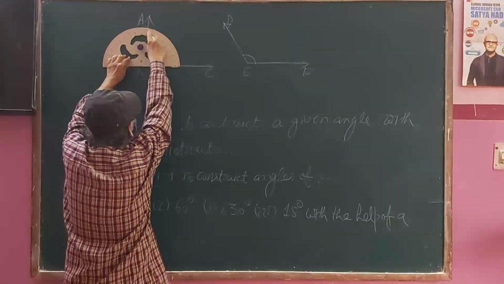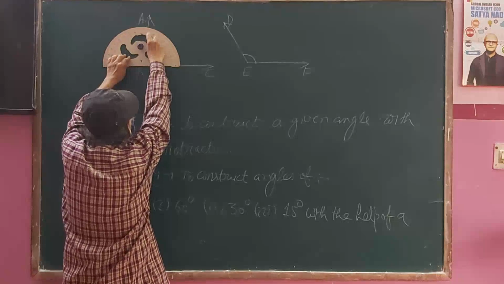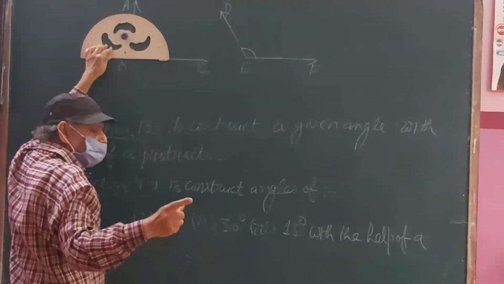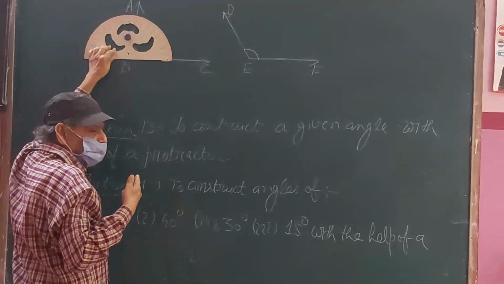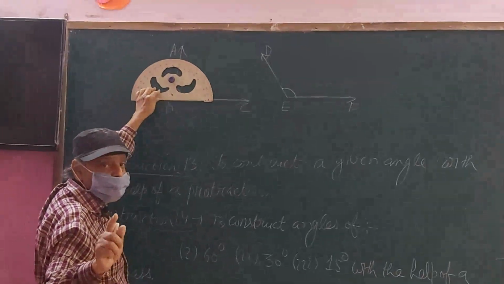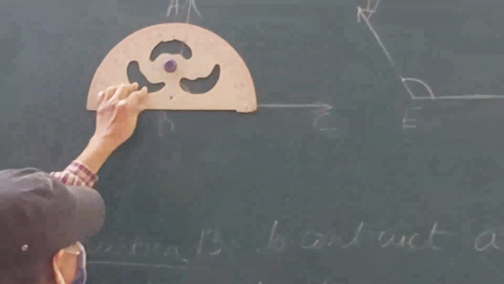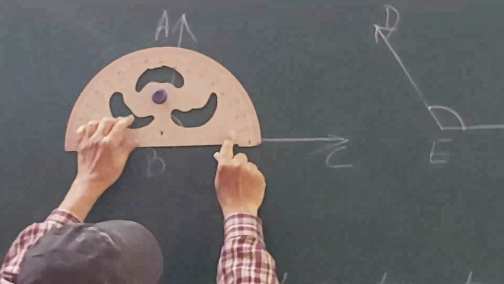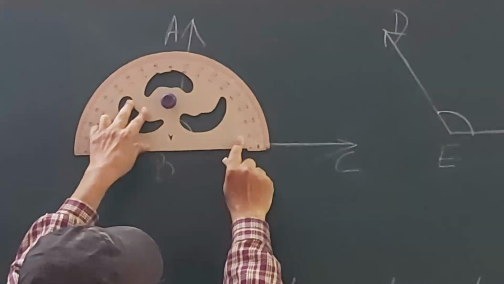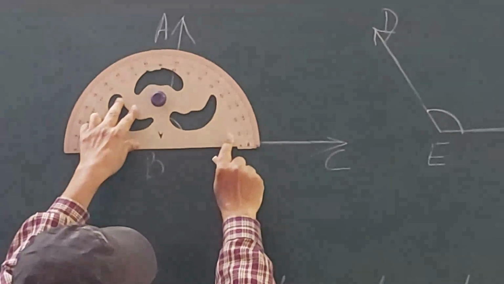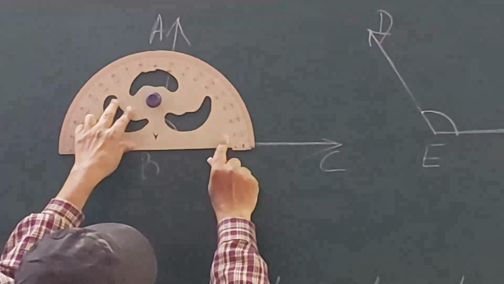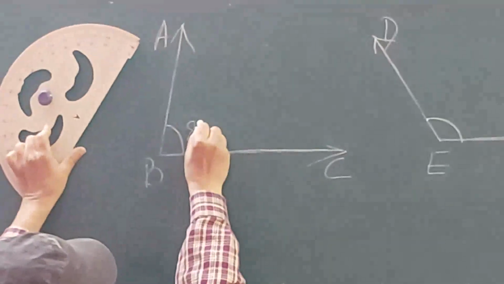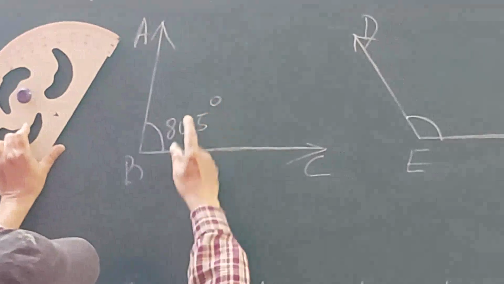One is saying 100 degrees, another is saying 80 degrees. Slightly more than 80 degrees. It is acute. You can't take 100 because it would be an obtuse angle. It is not an obtuse angle, it is an acute angle, you know very well. So you have to take the lower scale. The lower scale shows that it is slightly more than 80. It may be 80.5, so this angle lies between 80 and 81. You can take it as 80.5 degrees.